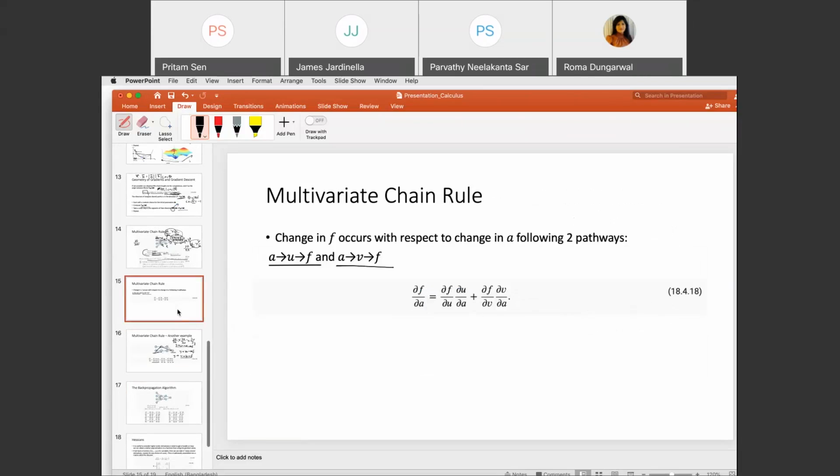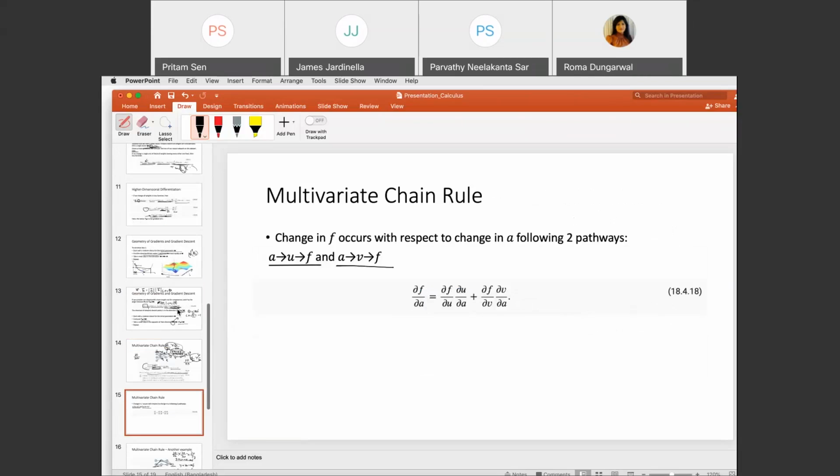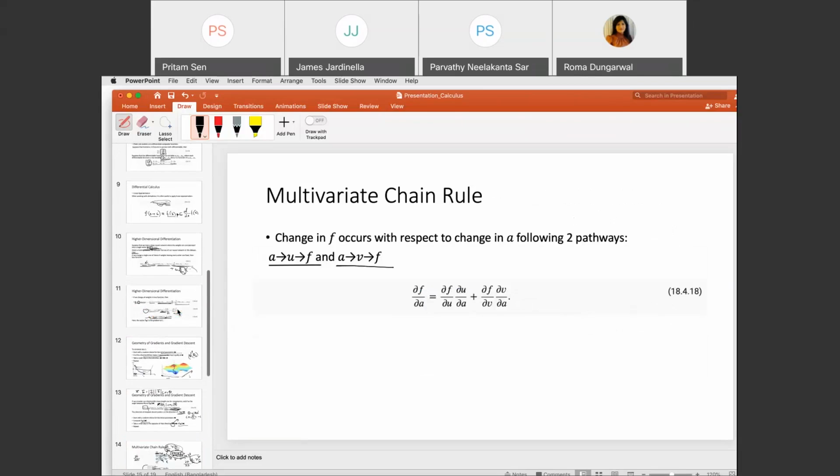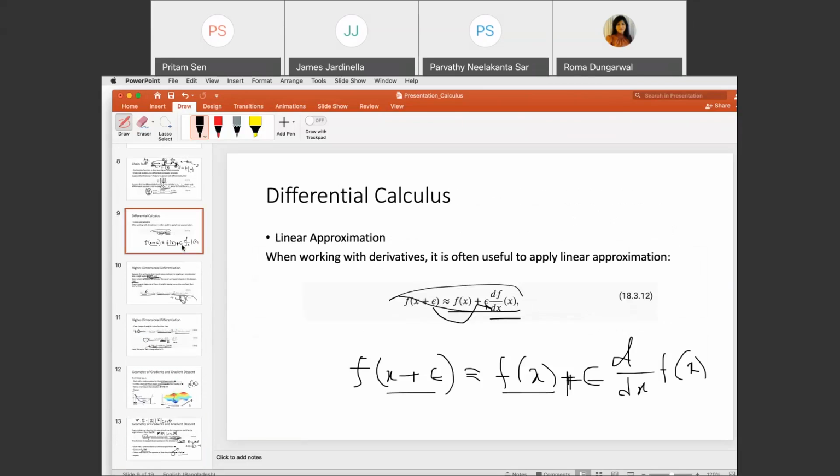Okay, so I want to review once again from this part, differential calculus. On the web page, the proofs are shown. We showed that if we change some parameter x, then the new value will be the previous function plus the derivative of the previous function multiplied by the change.